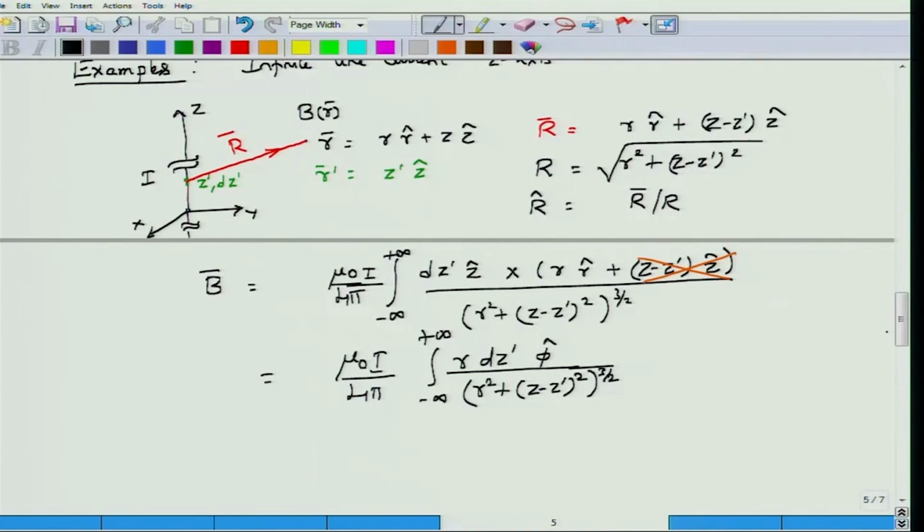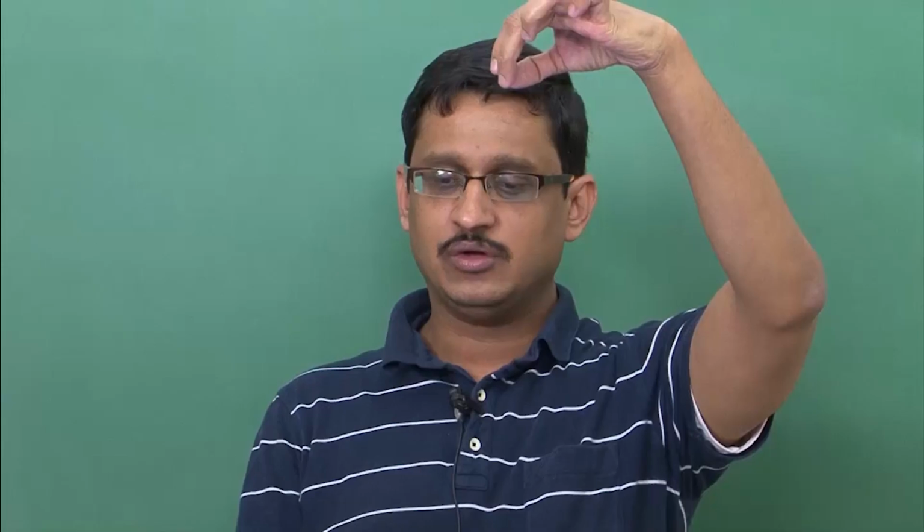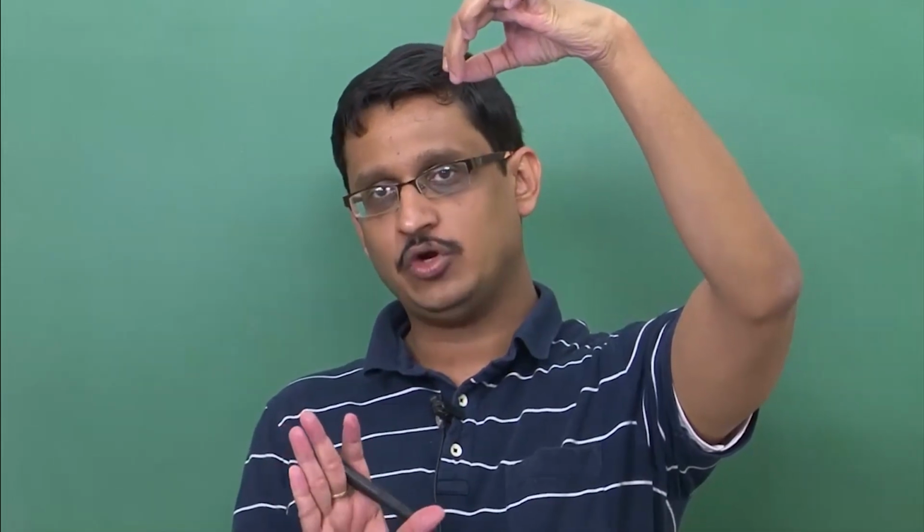Now, if you go up and down along the z axis, your vector phi would not change with respect to z. You could go up and down along the z axis, but phi would always be directed along the same direction. In other words, phi is a constant with respect to integration and can be moved out of the integral.